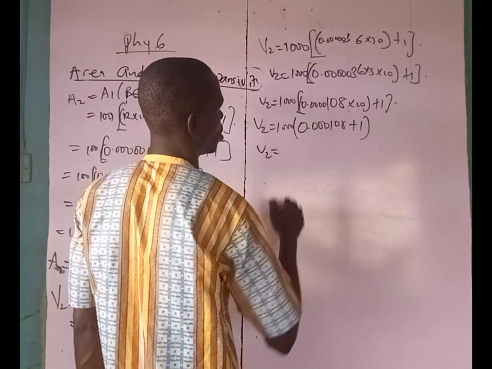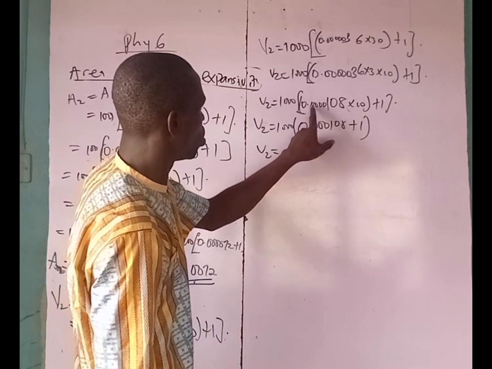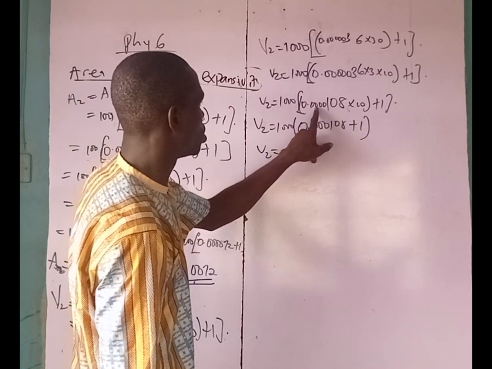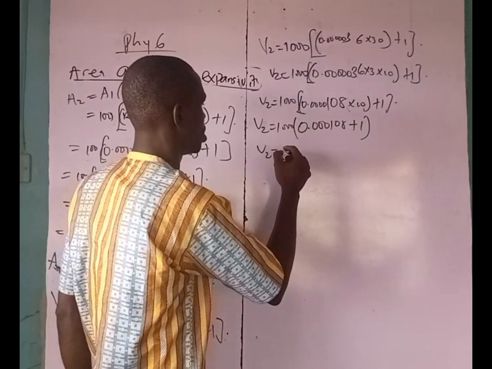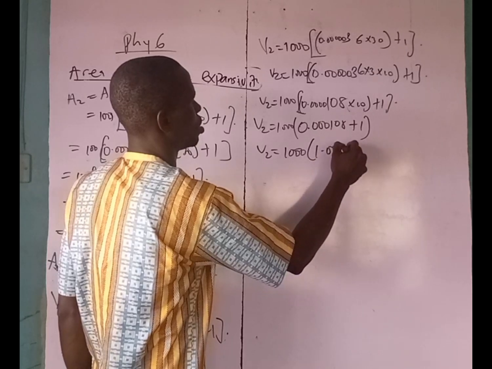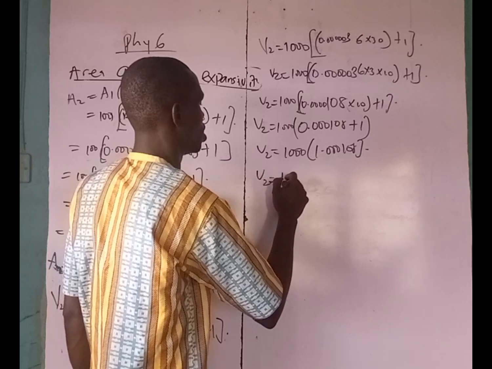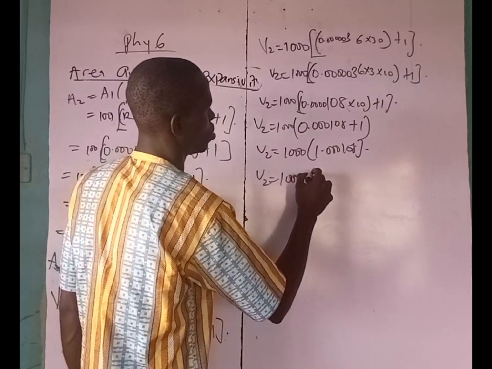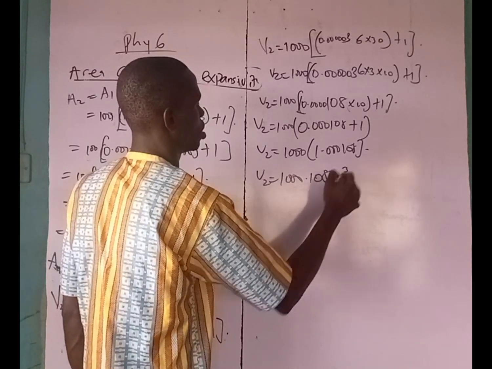So V2 now will be, I think you understand these things that I'm doing. We use this to multiply this. Of course, the point will shift once. So that's it. When you add, you have 1000 into 1.000108. So V2 now is going to be 1000.108 centimeter cube.